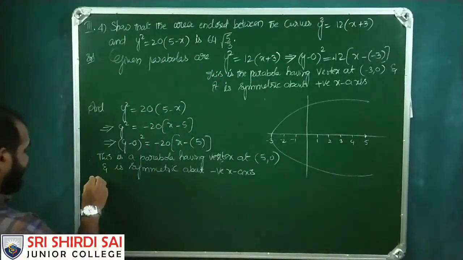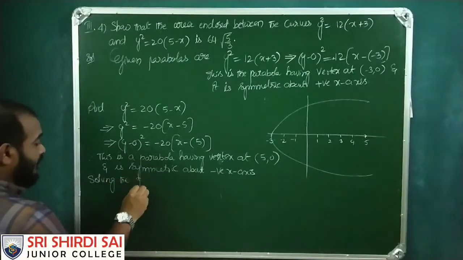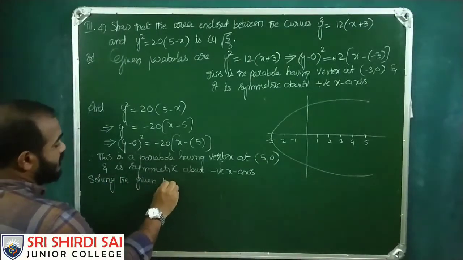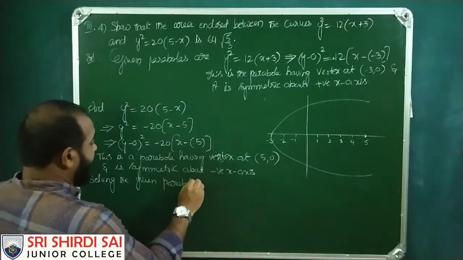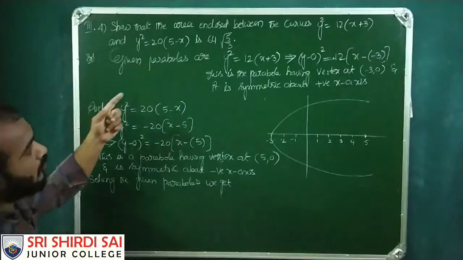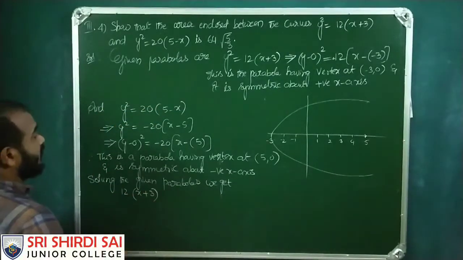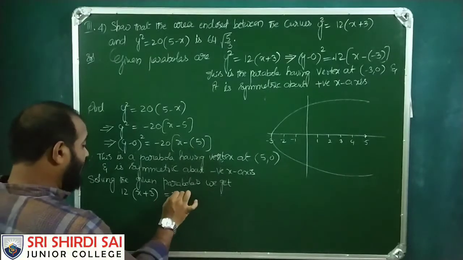So solving the given parabolas, we get, since both are y square equals y square equals, therefore it can be equated. 12 into x plus 3 equals 20 into 5 minus x.